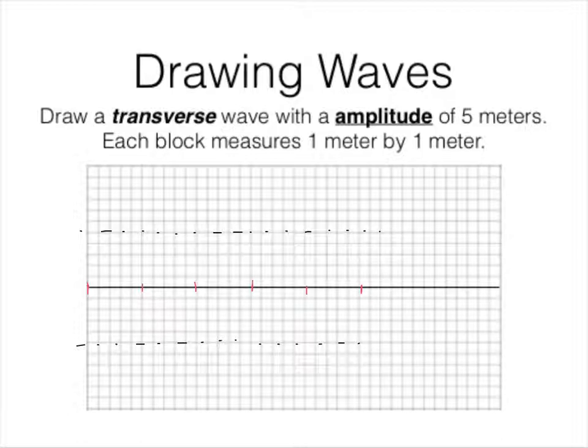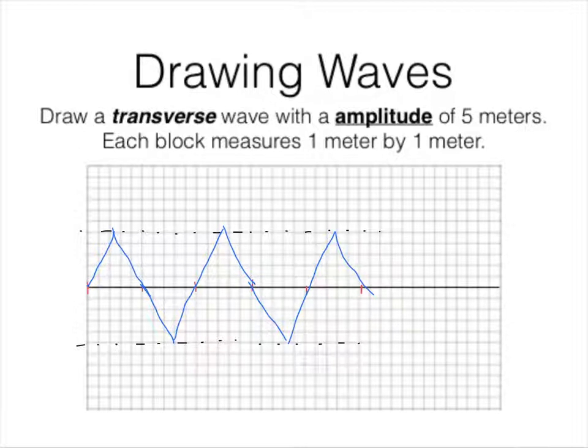So our amplitude needs to be 5 meters, so we start here, up to the crest, to the rest, down to the trough, up to the rest, up to the crest, down to the rest, down to the trough, up to the rest. And so in that way, if we were to double check after the fact, how high is our amplitude?